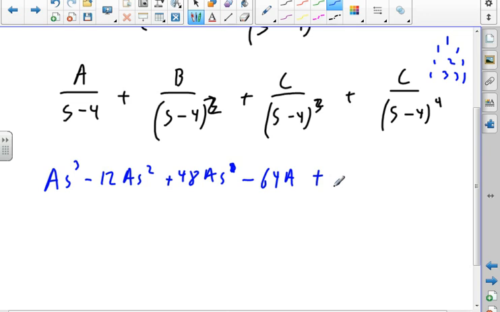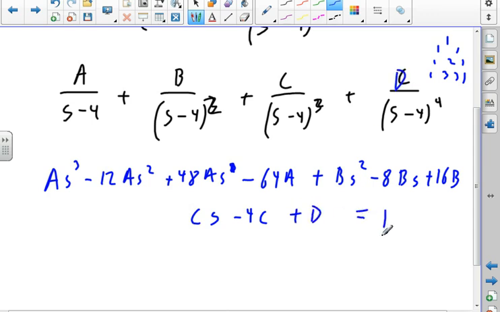Oh, I hope so. All right, so this is going to be bs squared minus 8bs plus 16b. This guy's going to be 6cs minus 4c, and this guy's just going to be d.